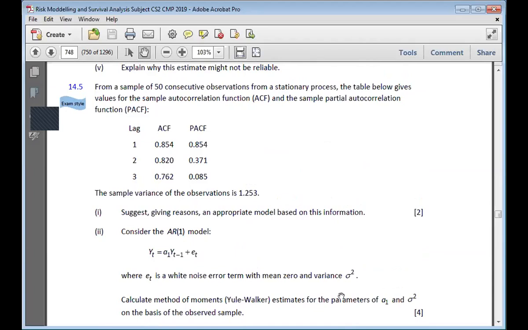Anyone? What do you guys think you should do to figure out the value of sigma square and alpha 1? Find the covariance. Right? So can you do that? I want you all to solve this question and try to figure out the value of different covariances at different lags and see if you can come up with the values of alpha 1 and sigma square.